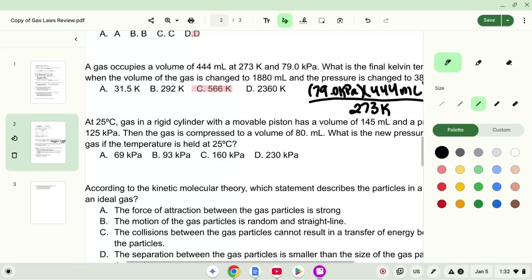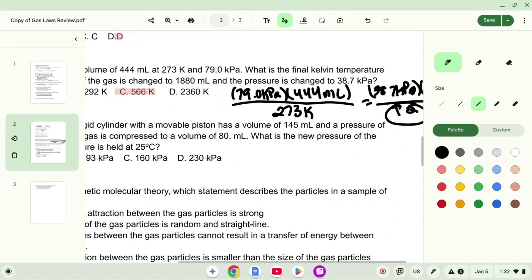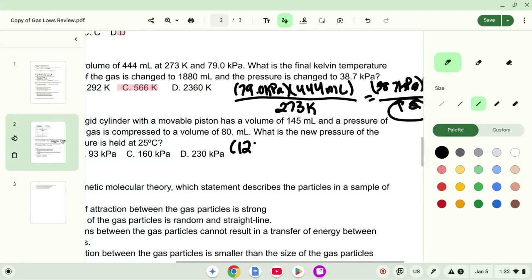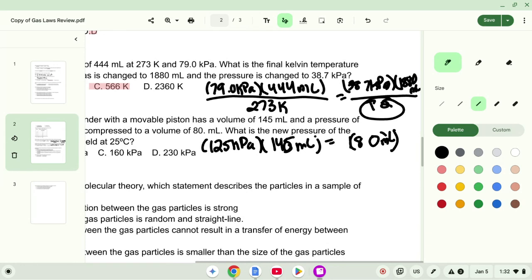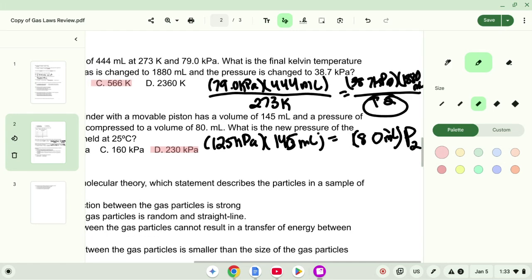So it'll be 145 milliliters times 125 kilopascals equals 80 milliliters times P2. When you do 125 times 145 divided by 80, you'll get 226.56, and you could round this up to 230 kilopascals, D.